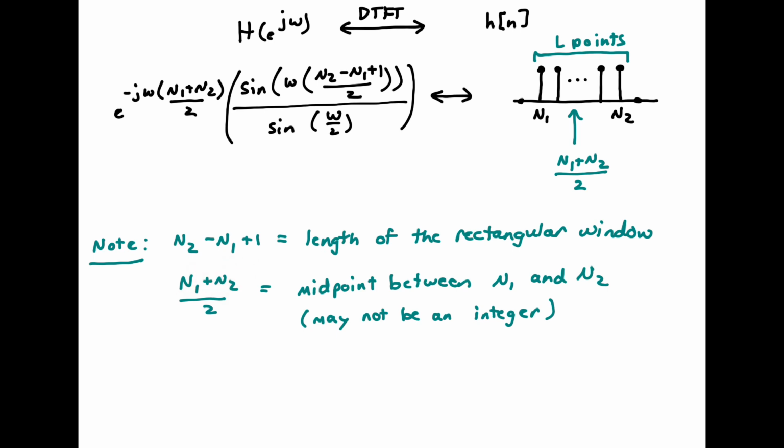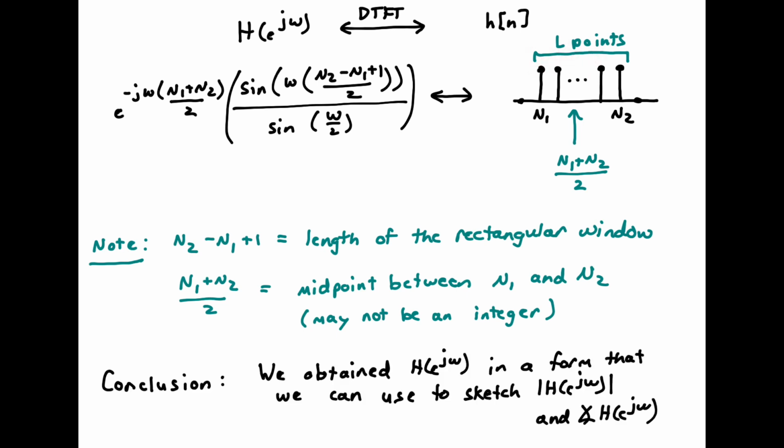It will either be an integer or halfway between two integers. And so we know that the phase term is going to depend basically on the midpoint of this rectangular window, where it's located, and the frequency term in this numerator is going to be a function of the length of the window.